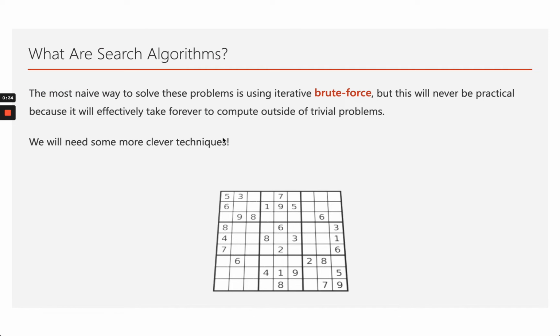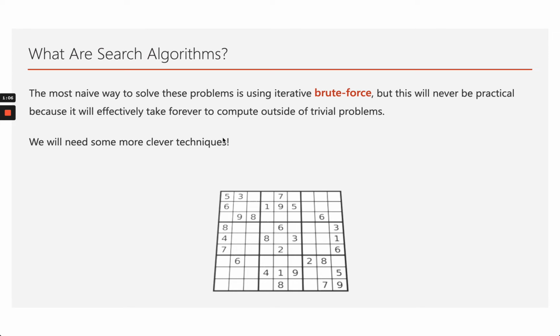So the most naive way you can try to solve these problems is using an iterative brute force technique, right? But this is not going to be practical for a number of reasons. The primary reason is it's going to take forever. It could theoretically take forever to just infinitely generate random combinations, and you're unlikely to solve the problem unless the problem is really small and really trivial.